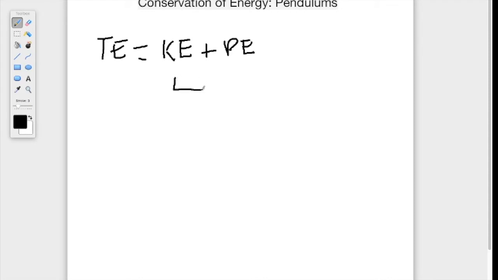The thing is, and let me just draw this out. So let's say we have a pendulum here, and it has some angle, right here.